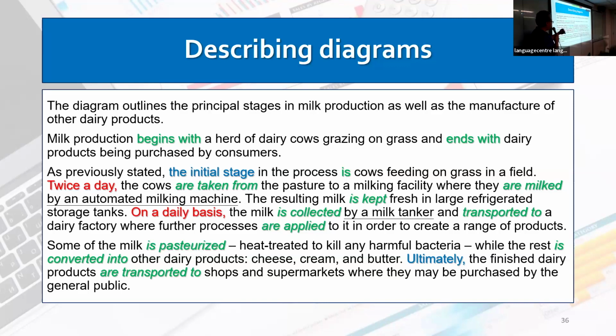So for some actions described in the process diagram, we do need some words that denote frequency, FREQUENCY, in order to tell a reader how frequently we need to do an action. Like the two examples I provided here, twice a day and on a daily basis. These are good words denoting the frequency of an action.